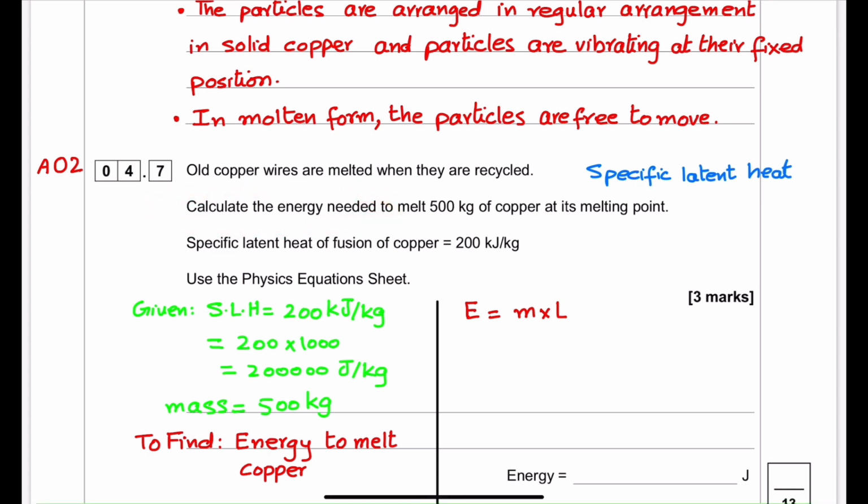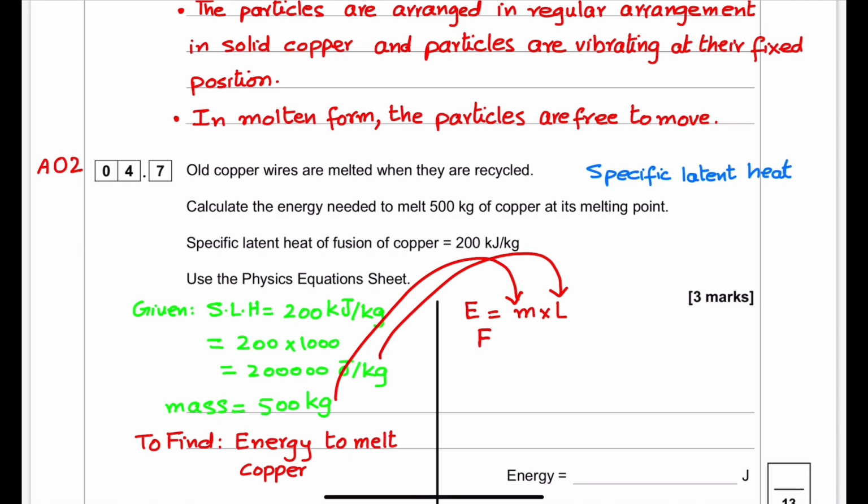From the equation sheet, we know that specific latent heat formula is E is equal to mass times specific latent heat value. We will use these values here. The mass is coming here, and the value of specific latent heat is used here.